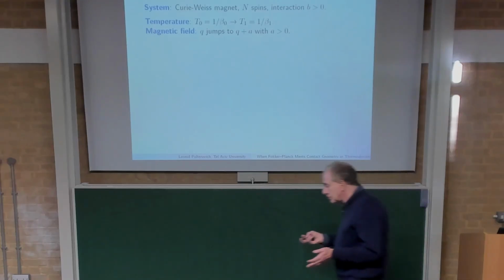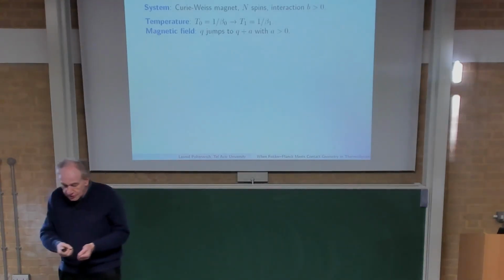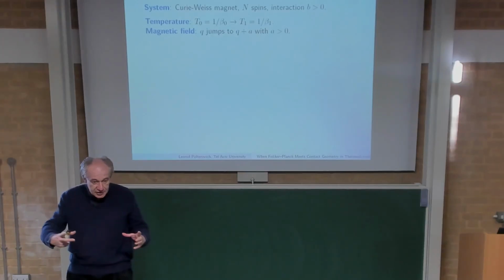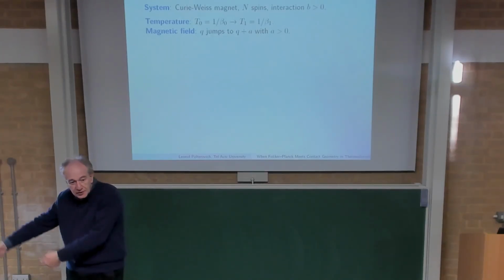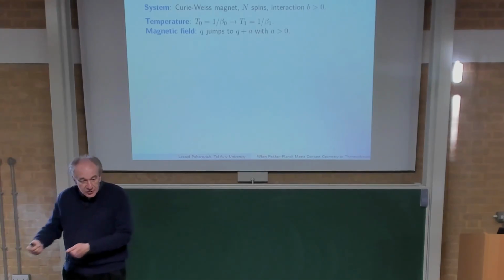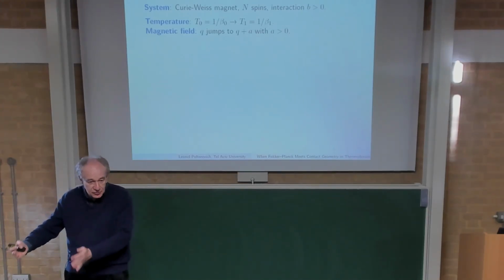The model which I like to consider is the following: we have this kit, a Curie-Weiss magnet with magnetic field, and move it from one room to another room. In the other room, the temperature is higher, and there is also an external source of magnetic field.